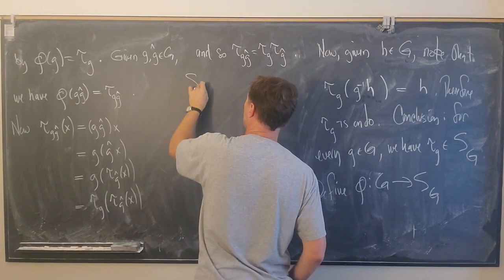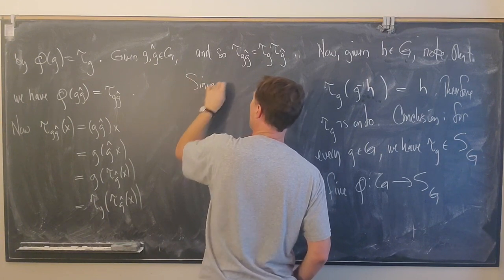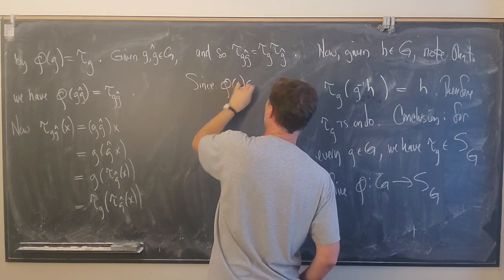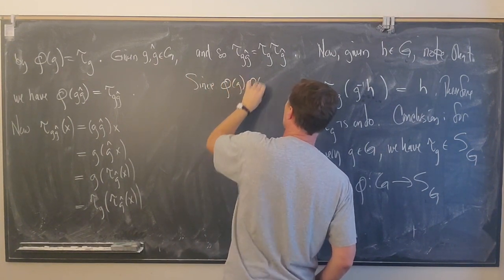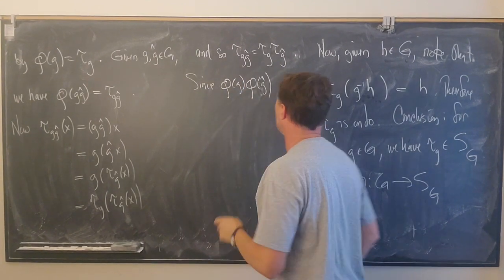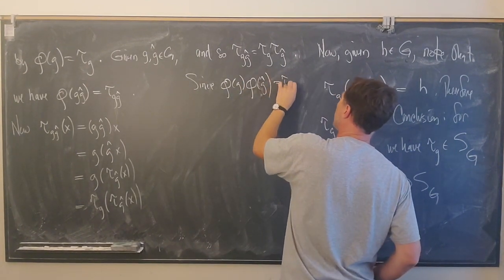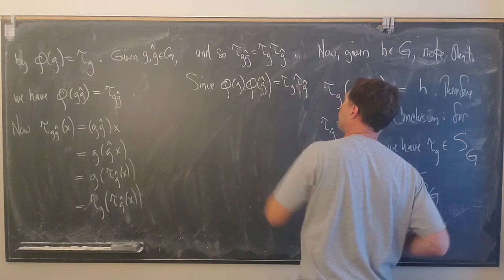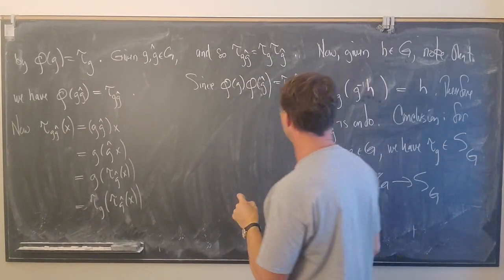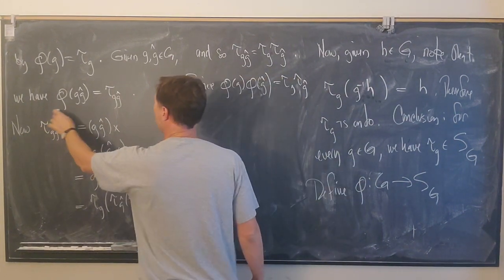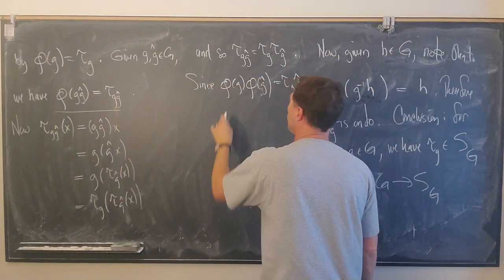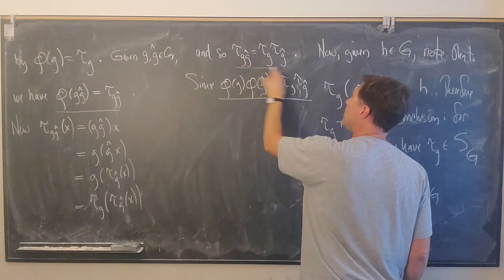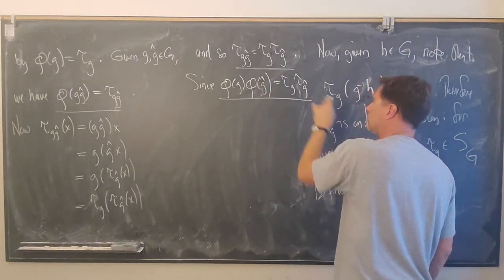Since phi of g hat is equal to tau sub g hat, we can now put this together. So notice what we have. We have this equation, we have this equation, and then this connects them in the middle.